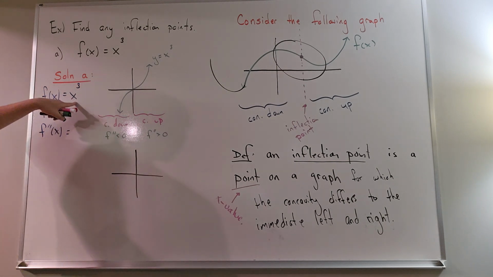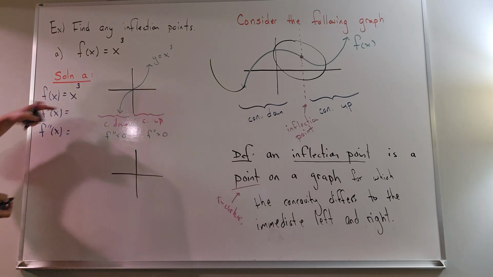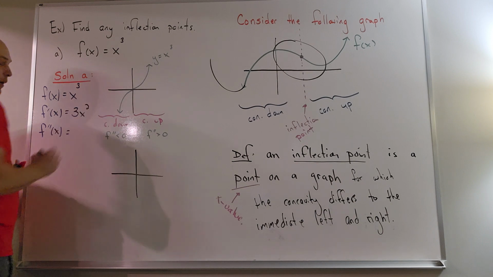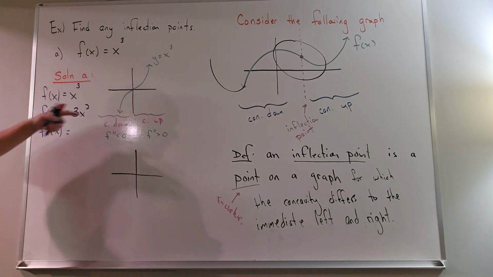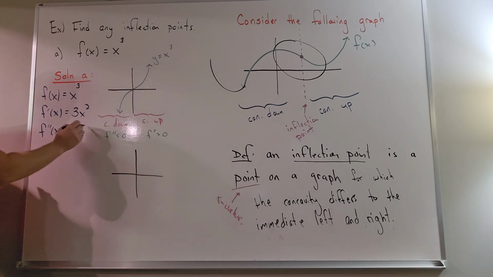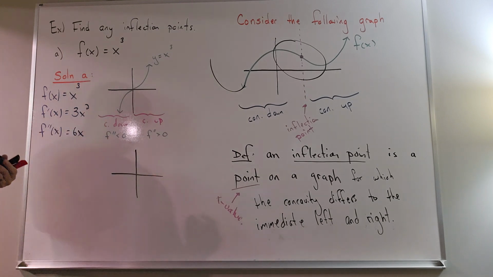This is a power function, so the differentiation follows the power rule. X to the third would be 3x squared, and then to take the derivative of 3x squared, I would get 6x. So again, this is the second derivative of x to the third.